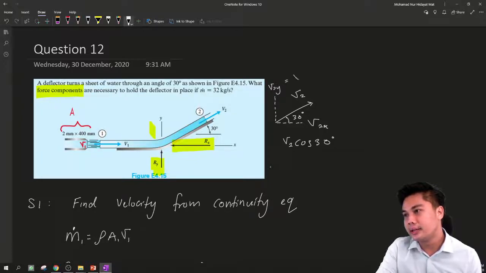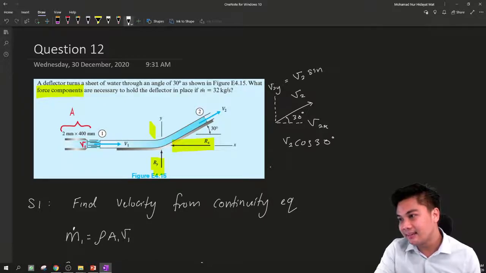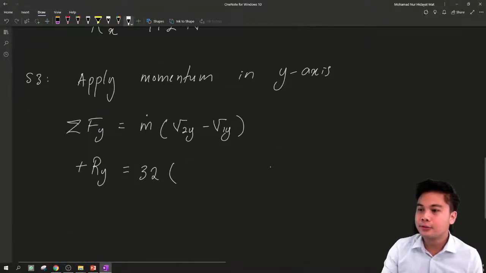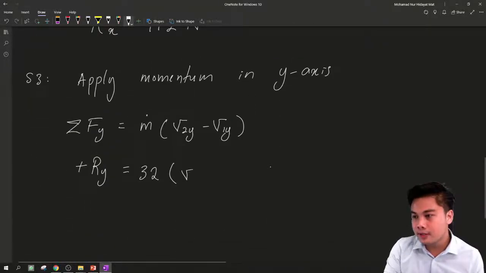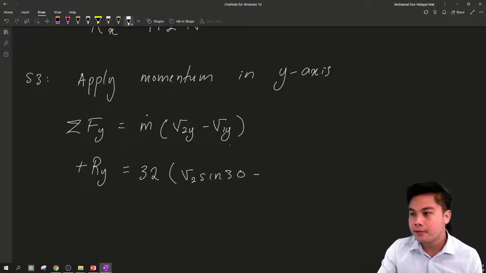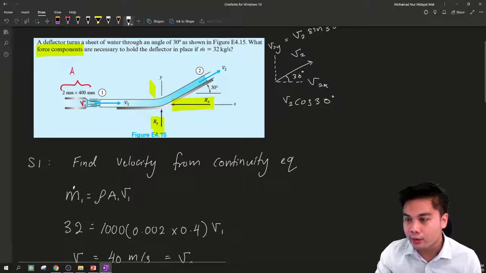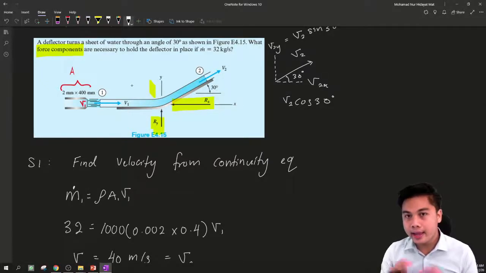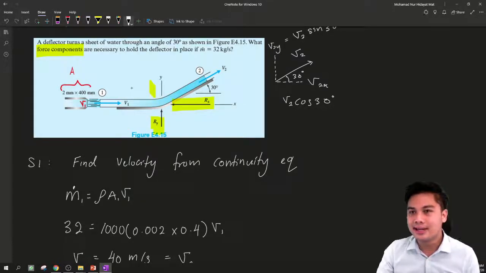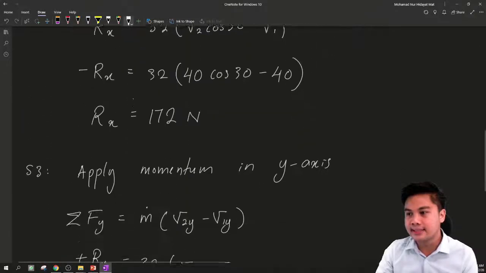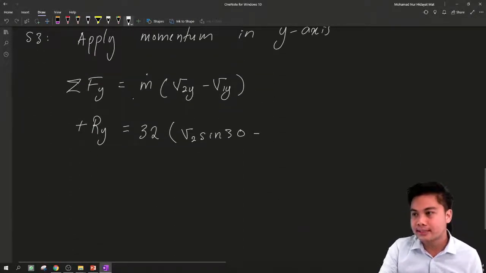We do an adjustment: V2 sine 30, the angle. So replace here V2y with V2 sine 30, minus V1y. Where is the V1 Y component? We don't have any velocity related to the Y component, so we omit it, or we can say it is 0, minus 0.